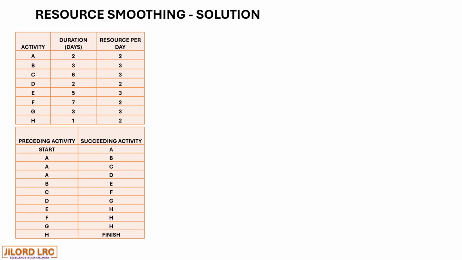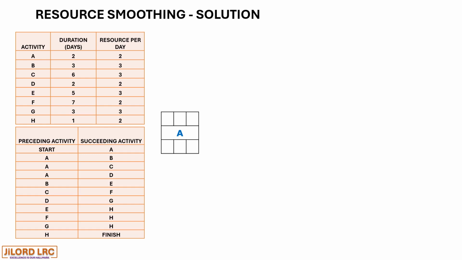As usual, I would advise that we sketch the diagram first before proceeding to draw it with the notation. But as we are familiar with this, I'll go straight away and draw the network diagram.